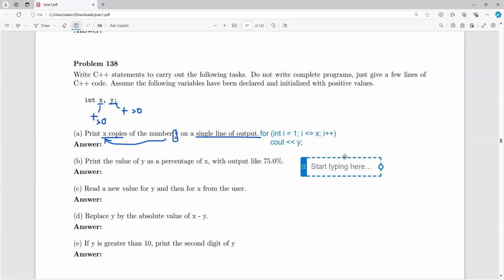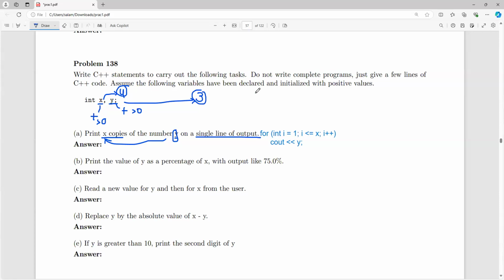So here, we want to print the value of y as a percentage of x with outputs like 75%. Let's do an example here. Let y equal 3 and x equal 4. So this is x, this is y. We're printing 3 as a percentage of 4, right?